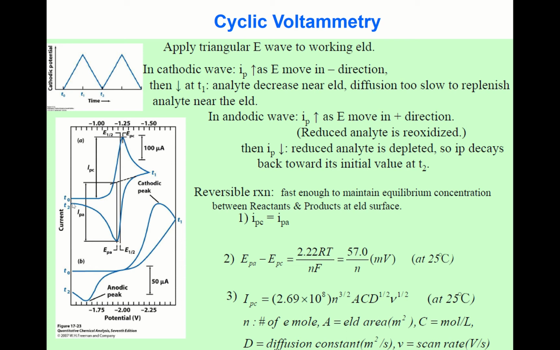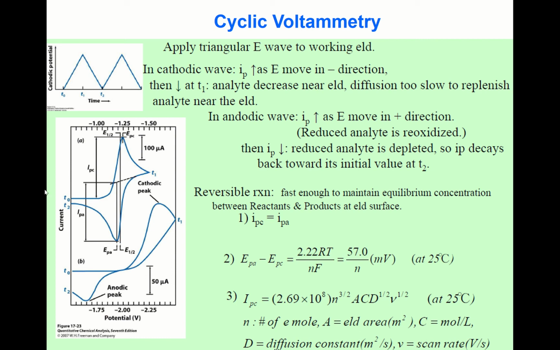And now potential goes back to the original potential. So by looking at this current shape, the peak potential position, and the current magnitude, we can have some information about the system.